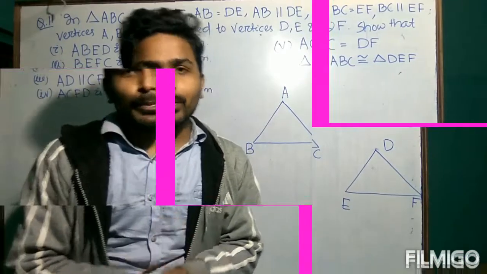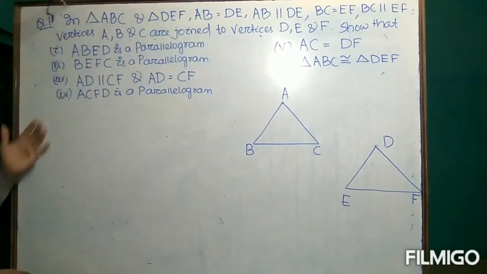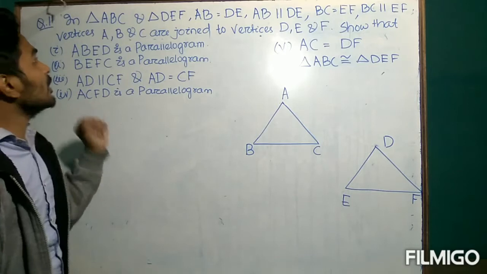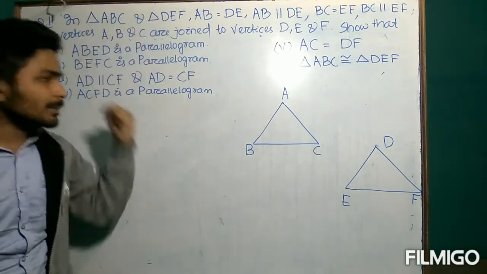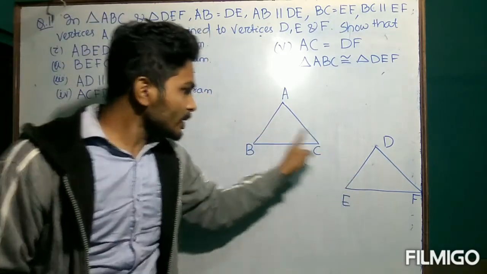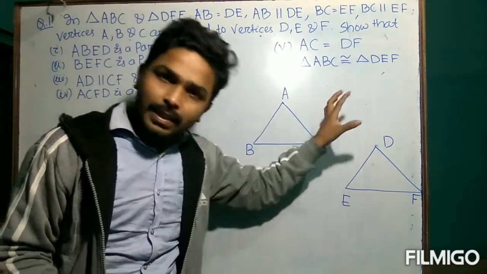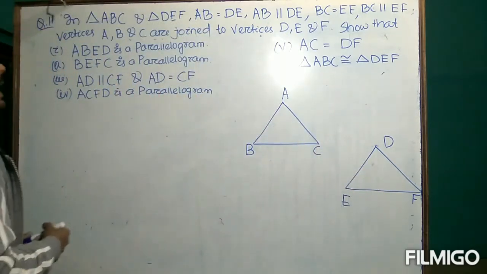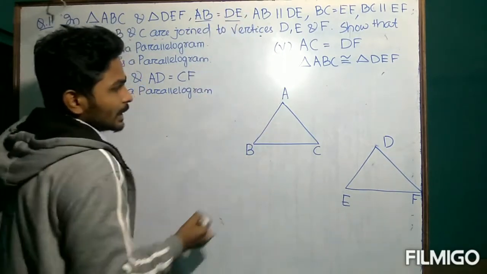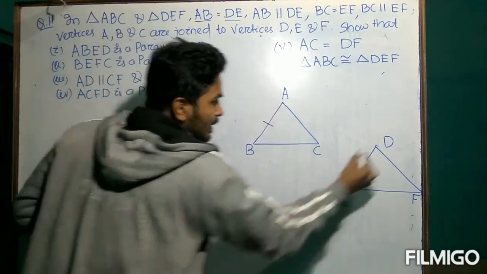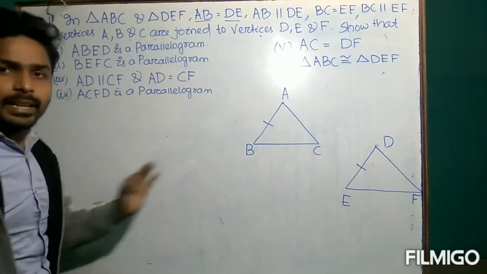Okay students, so again moving to question number 11 of that exercise. According to question 11, it is given in triangle ABC and triangle DEF. In this figure, as you can see, there are two triangles, triangle ABC and triangle DEF. In these two triangles, AB is equal to DE, so this length AB is equal to this length DE. Clear?